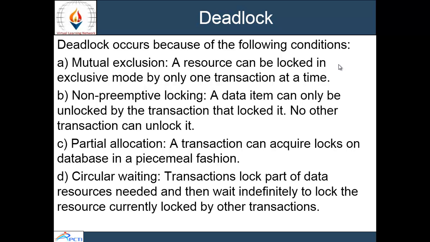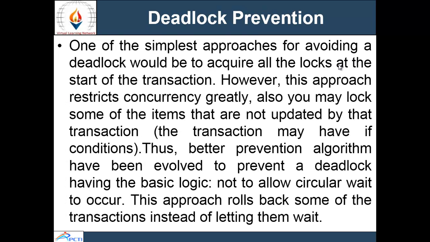Then partial allocation, where a transaction can acquire the locks in a database in a piecemeal fashion, due to which deadlock occurs. And next is circular waiting, that is a transaction locks part of the data resources needed and then waits indefinitely to lock a resource currently locked by another transaction, which results in circular waiting, which results in deadlock also.